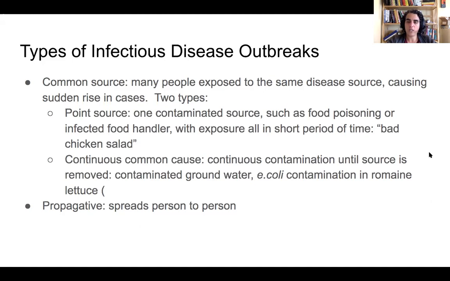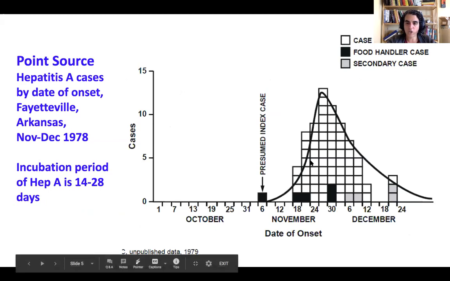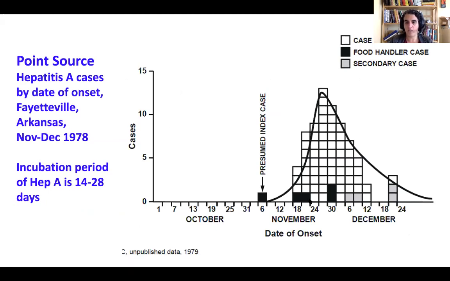And when you're looking at a disease outbreak, one thing that people do is they make so-called epidemic curves, where each box on this is a new case of the disease. So these are showing incidence rates, new cases. They're marked at the time when the person got sick, not necessarily when they first came to the attention of the health community.